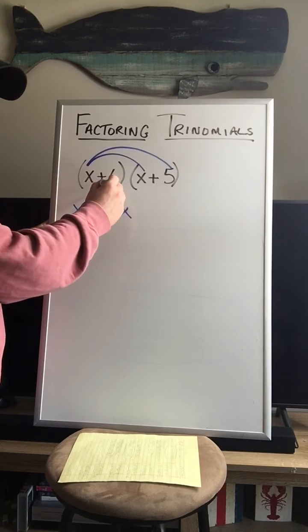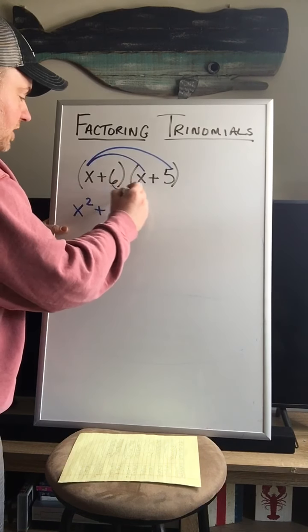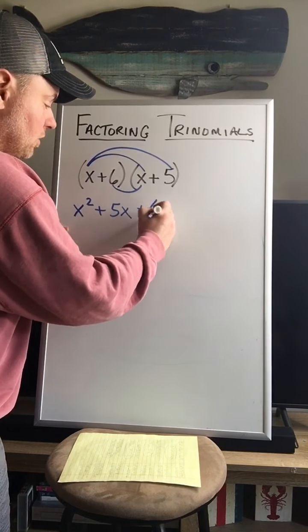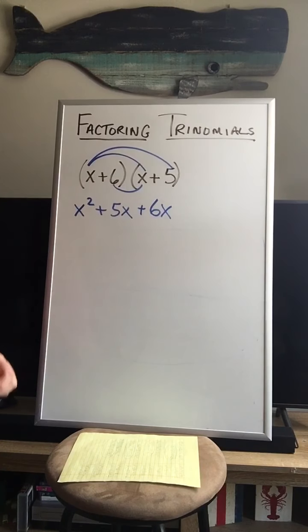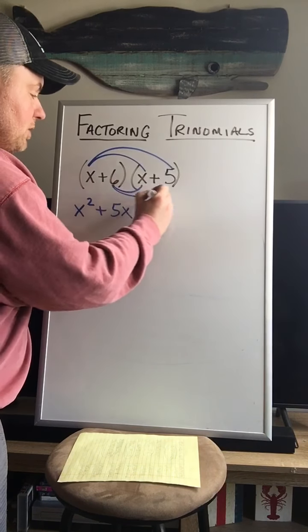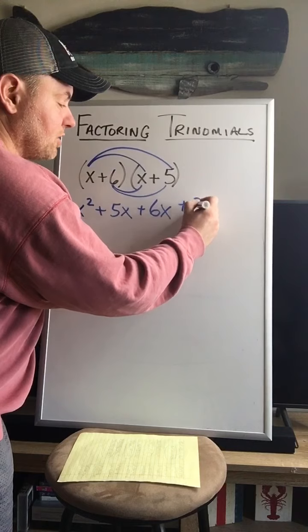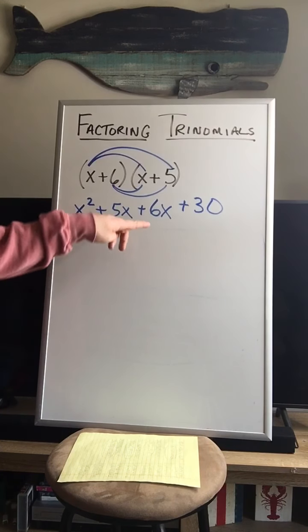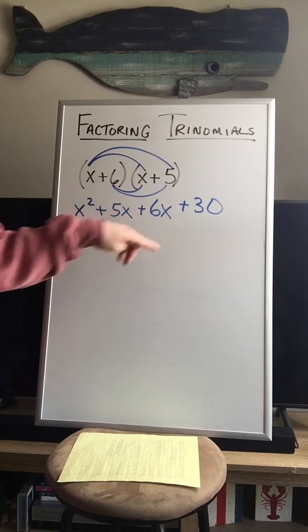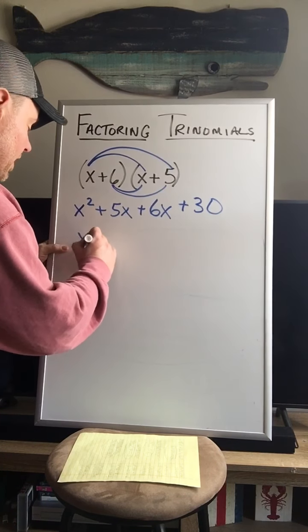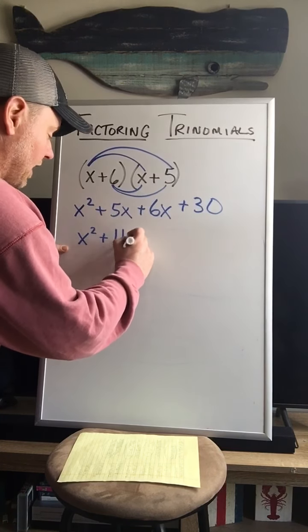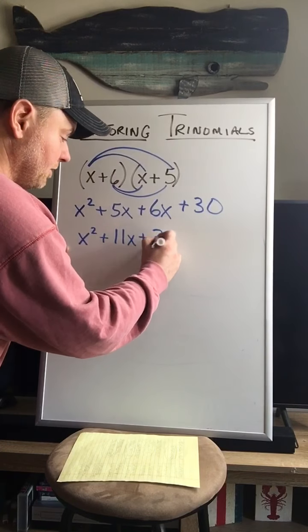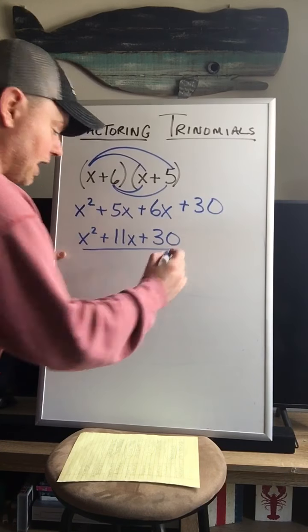Then we would move over to the 6, and we would do the 6 times the x, which would give us 6x. And then we would do the 6 times the 5, which would give us the 30. Right? And then at the end, we would combine the like terms in the middle here. So we would end up with x squared plus 11x plus 30. And that would be our final answer.